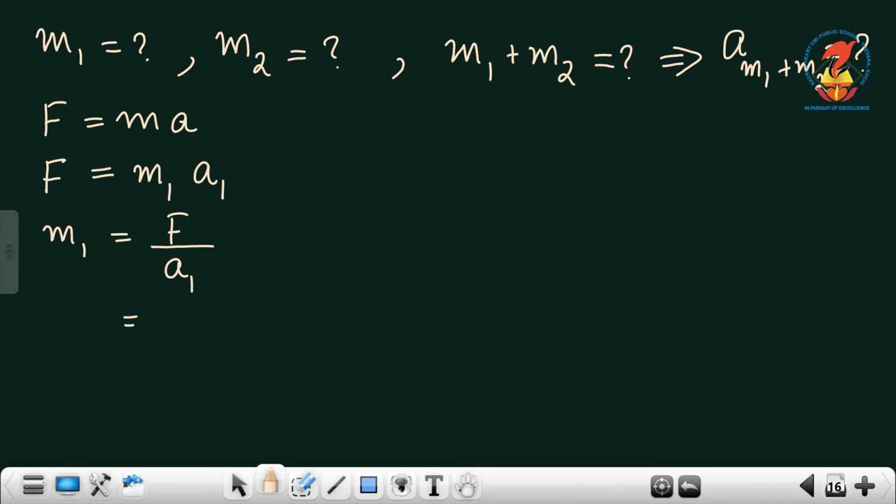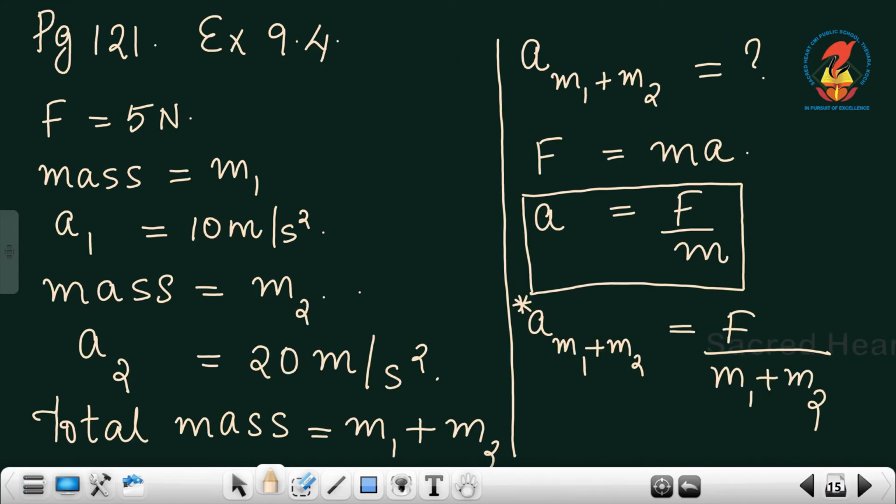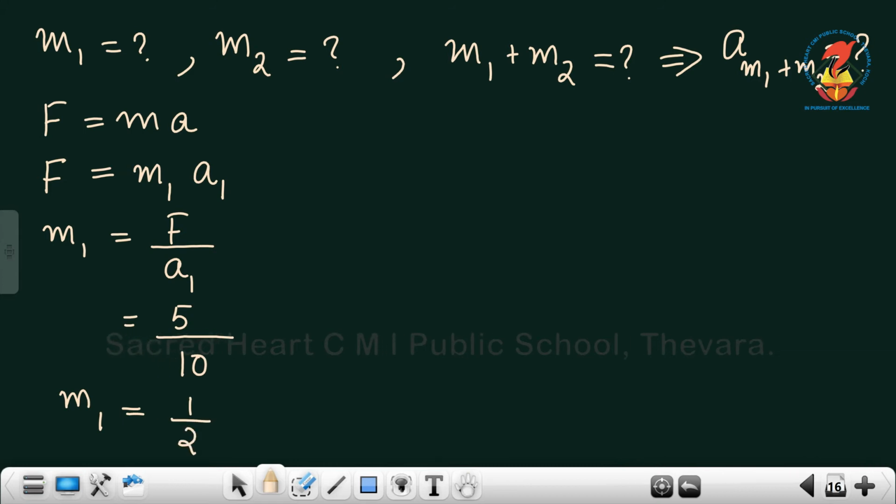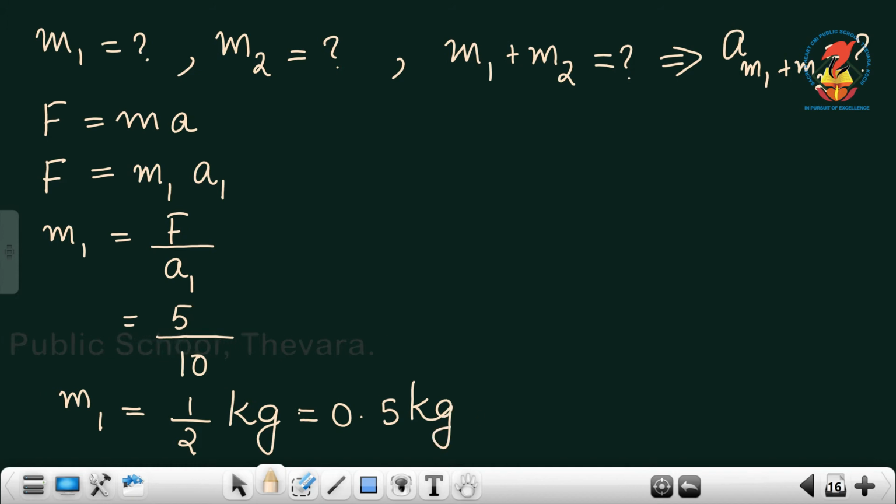So, 5 by a1, the acceleration of the first object, which is 10 meter per second square. So, the mass of the first object is 1 by 2 kilogram, which is equal to 0.5 kilogram.